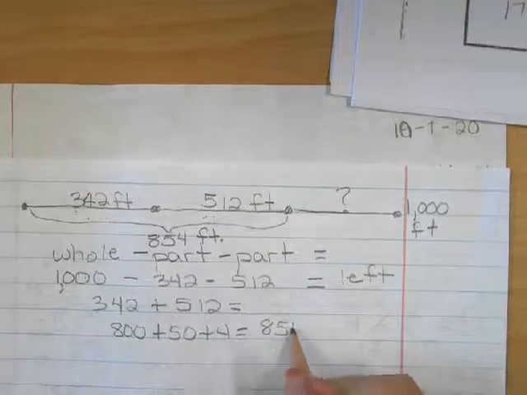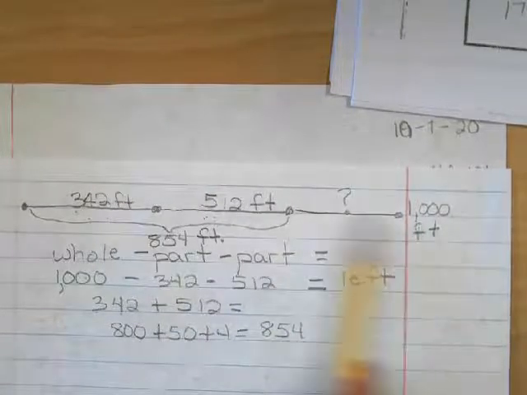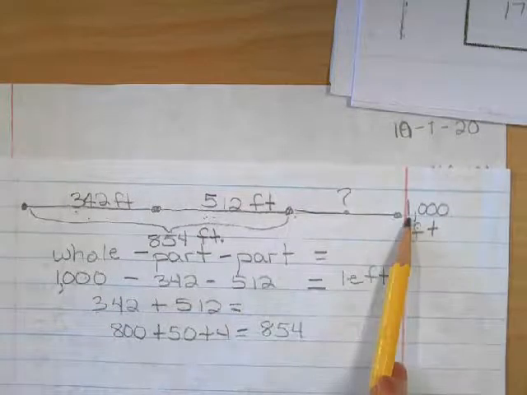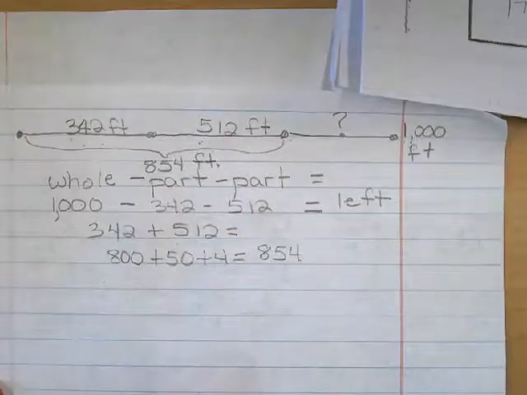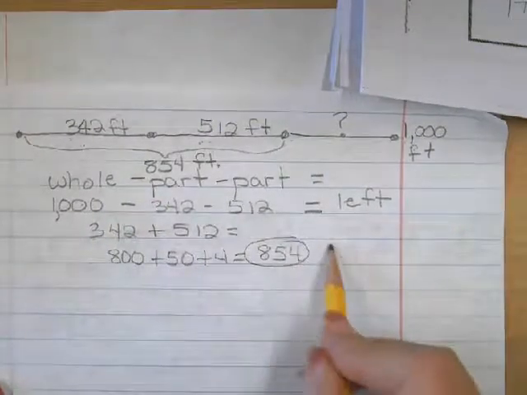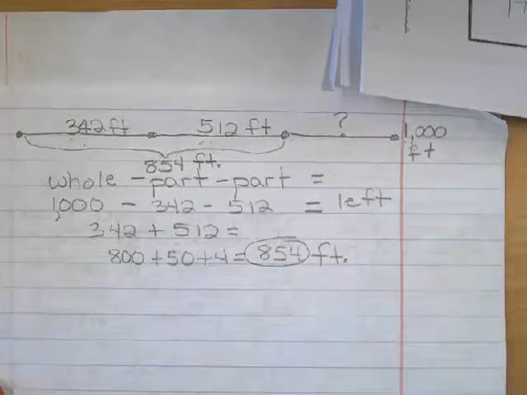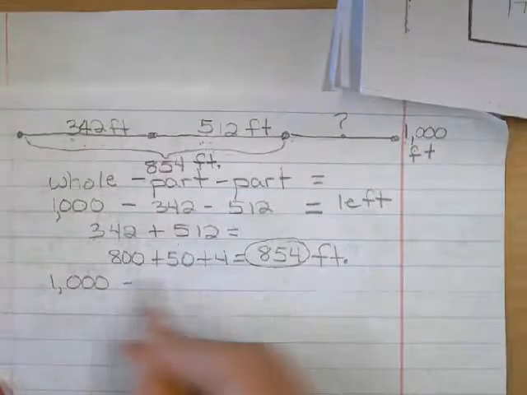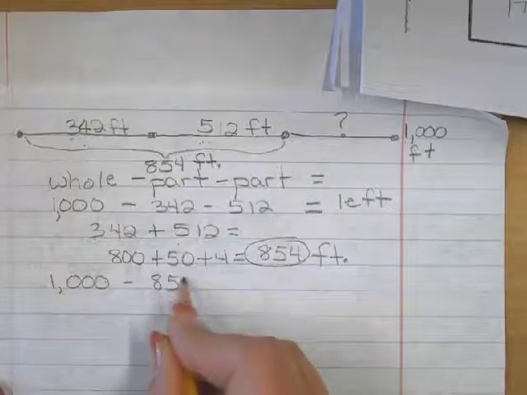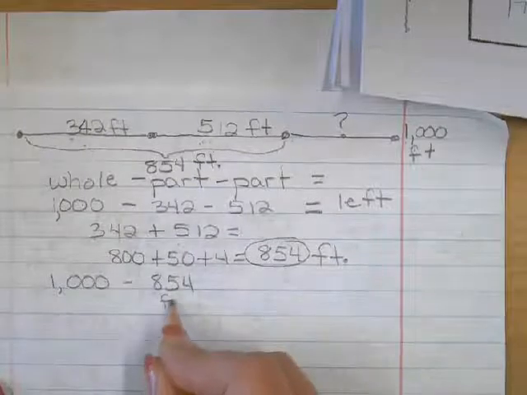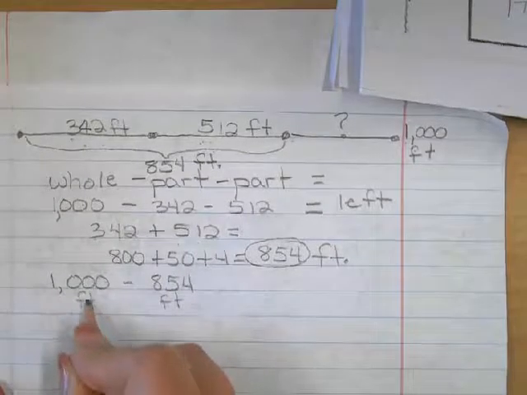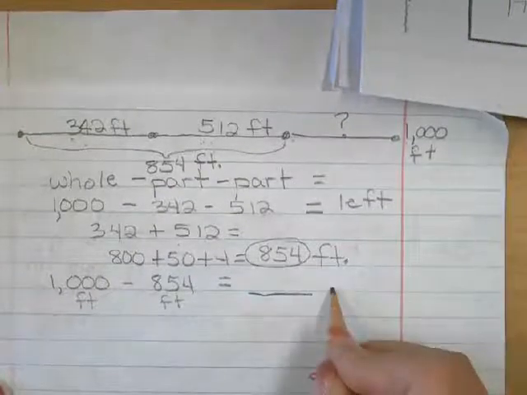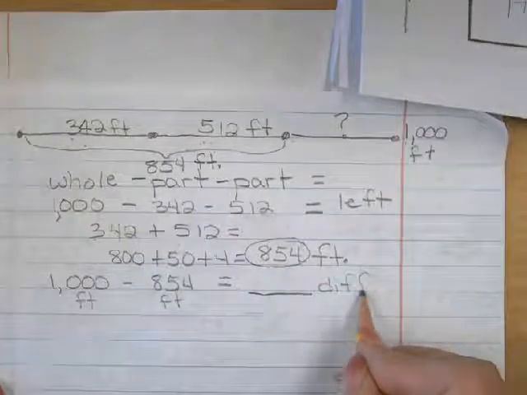So that tells us we need to subtract to find what's different, our difference between here to here. So now, if we take the 854 feet that she's traveled up to this point, away from the 1,000 feet that she's going to have, then we can find what's going to be left, our difference.